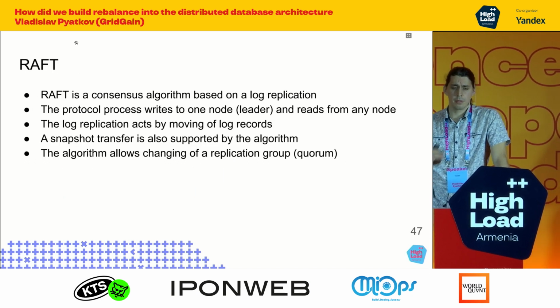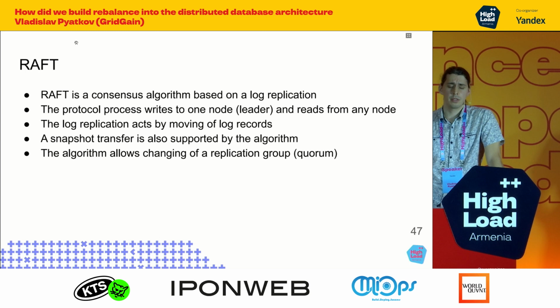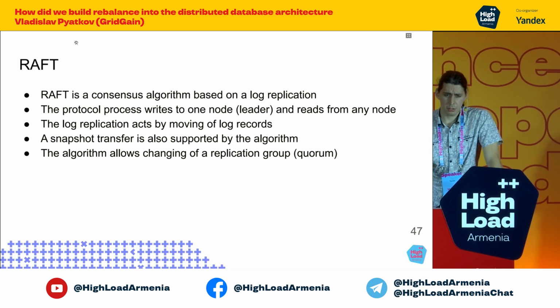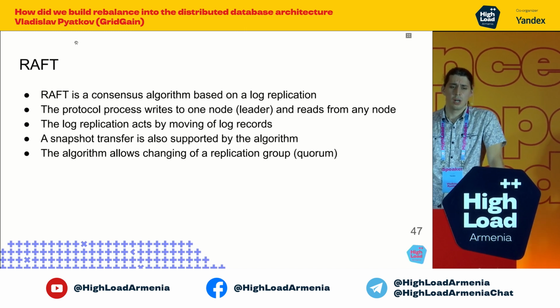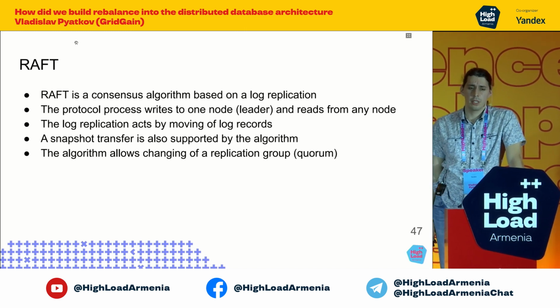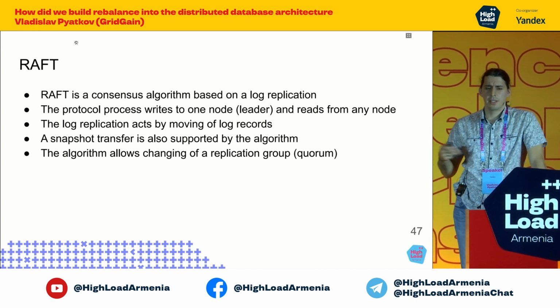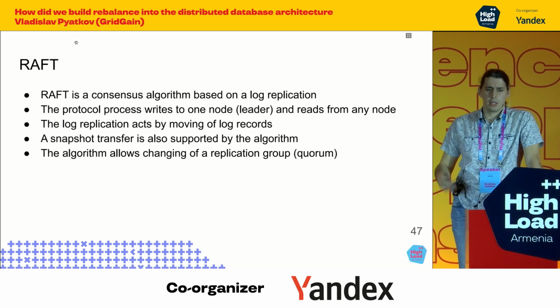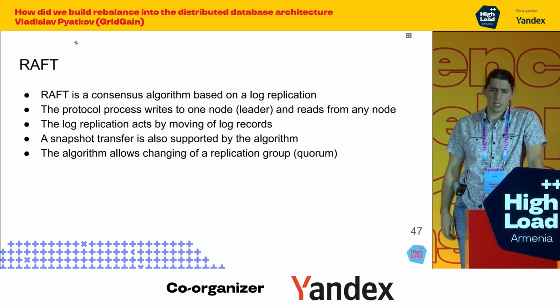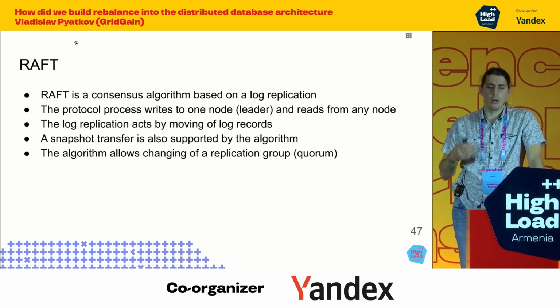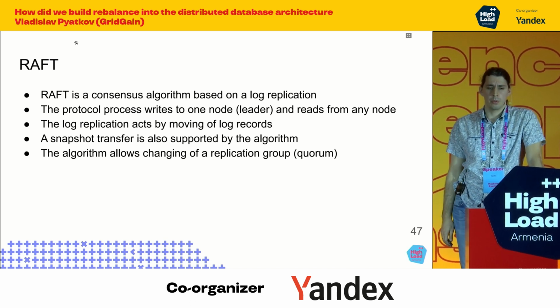And we describe a protocol that satisfies all requirements. It is the RAFT protocol. It's the commonly used protocol for distributed systems because it's based on log replication, and of course it supports updates, write and read separation, and the protocol also allows changing a quorum or changing a replication group.